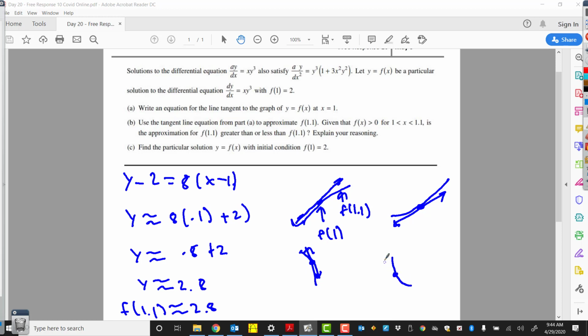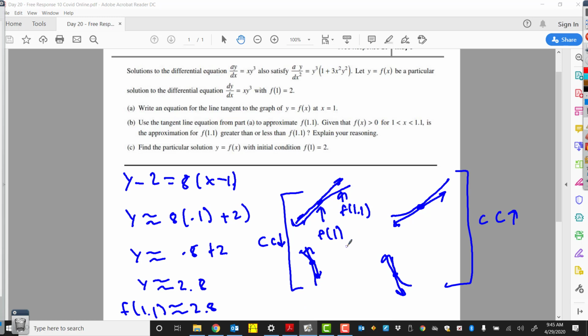So those are the 4 different ways we have aspects on a graph. Notice how for each of the concave ups, these two right here, the tangent line is an under approximation. And for each of the concave downs, the tangent line is an over approximation.